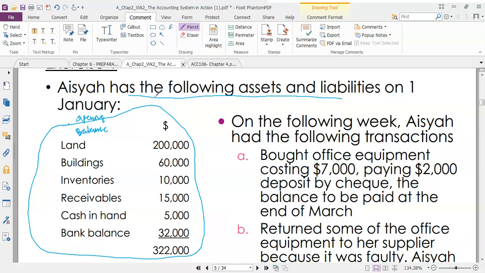It says Aisyah has the following assets and liabilities on the 1st January. We call this the opening balance.